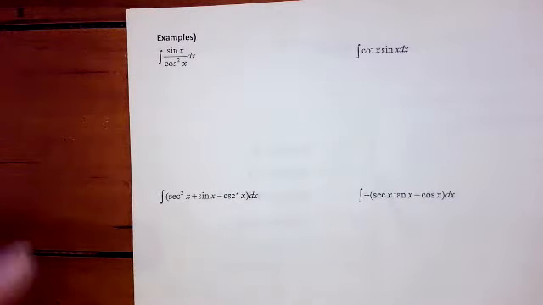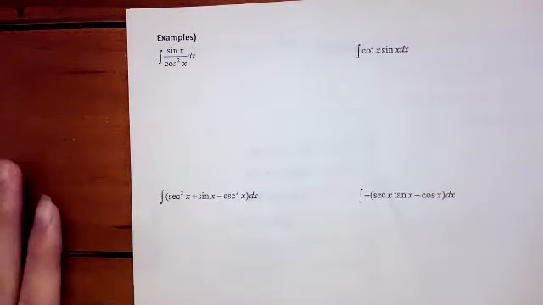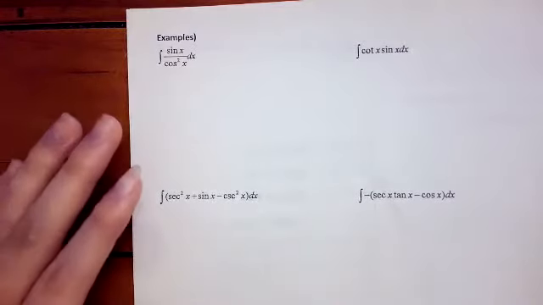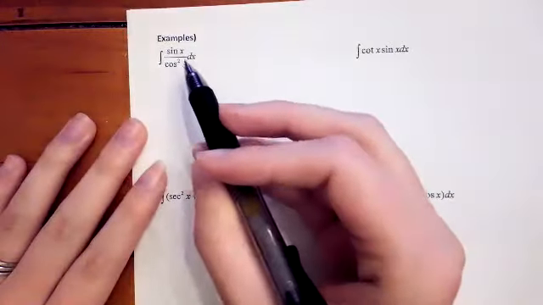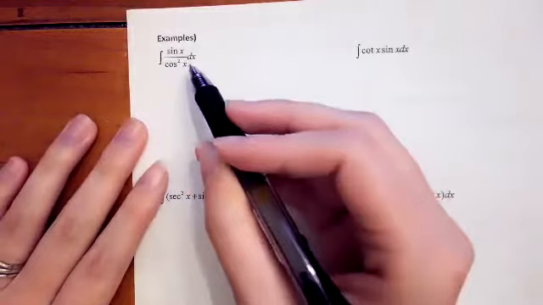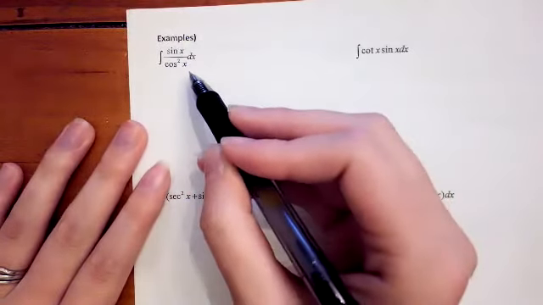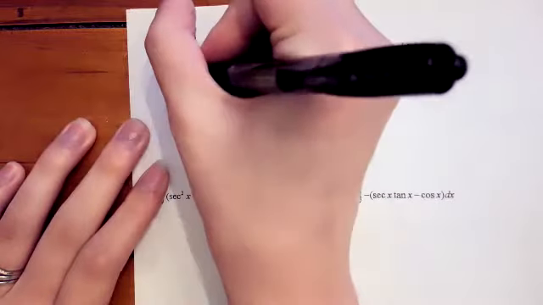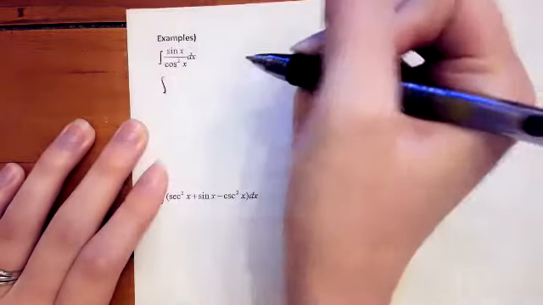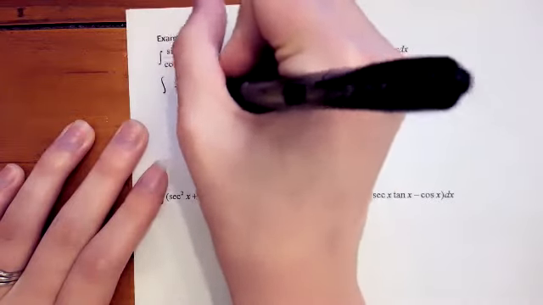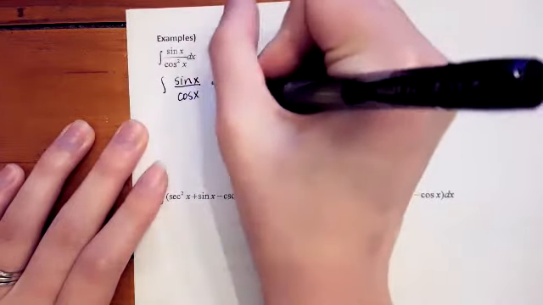And not only do these use the trig integrals that we just talked about, these also use trig identities that you did in pre-cal. So sine x over cosine squared x, again, we're not using a quotient rule, so we need to figure out a way to kind of break this down. So I could rewrite this. I have two cosines in the denominator, so I could rewrite it as sine x over cosine x times 1 over cosine x.